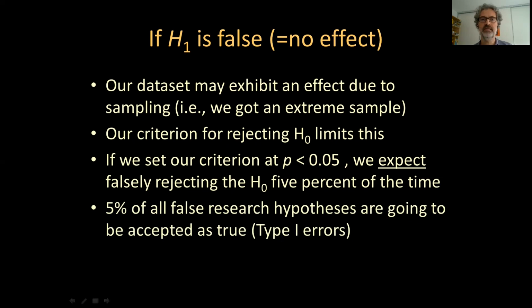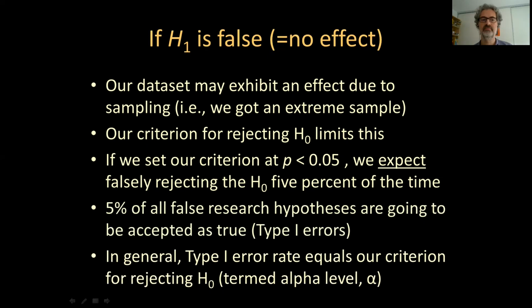Effects that are less likely than 5% to occur by sampling from the null hypothesis will occur with frequency up to 5%. So we expect 5% of all false research hypotheses to be actually type 1 errors.